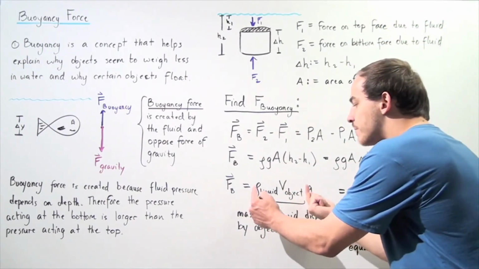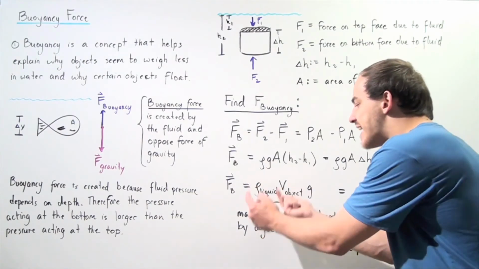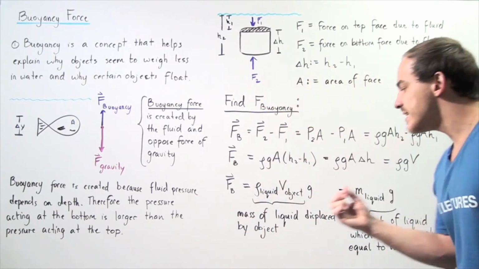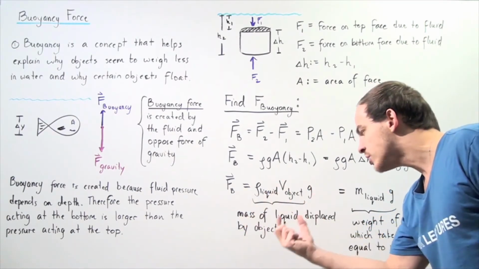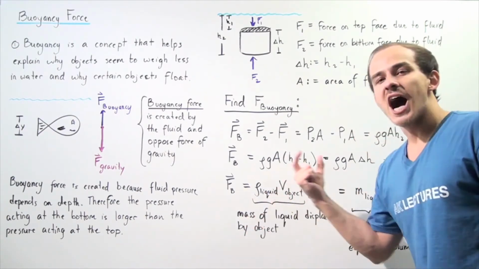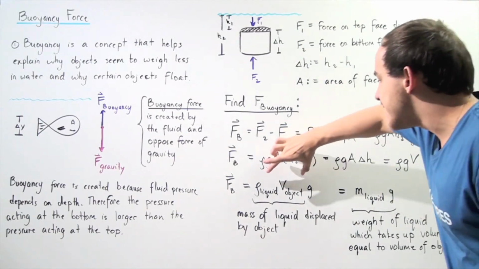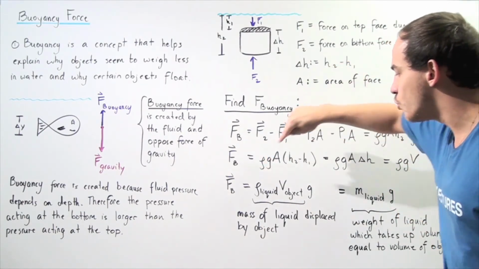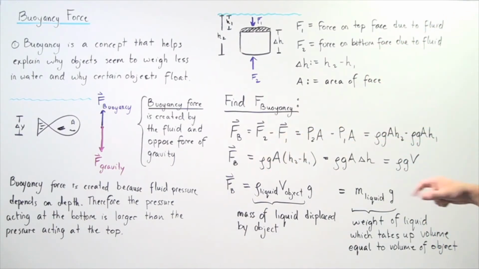So this entire product, the density of the liquid times the volume that the object takes up, is simply the mass of the liquid displaced by the object. And we can replace this quantity with mass, because mass is equal to density times volume.